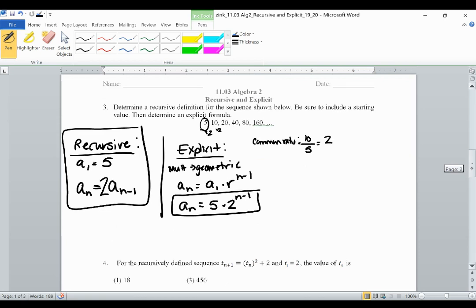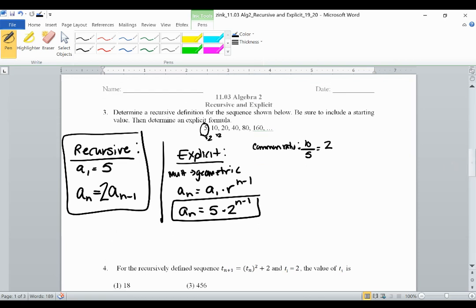Now, take a look at another way of finding the explicit formula without using that term formula. You might look at what you're doing here. The first term is 5. The second term, you're doing 2 times 5, which gives us 10.